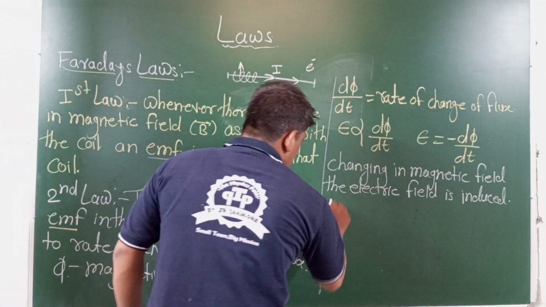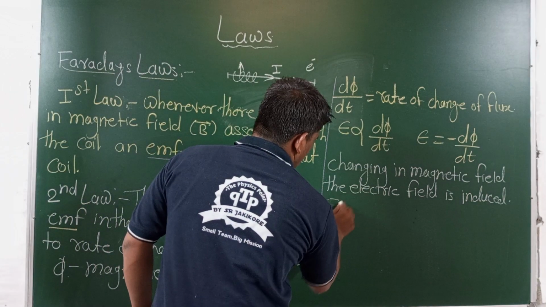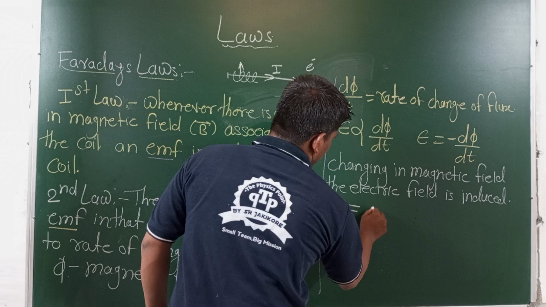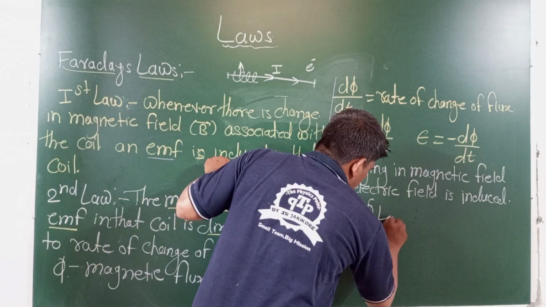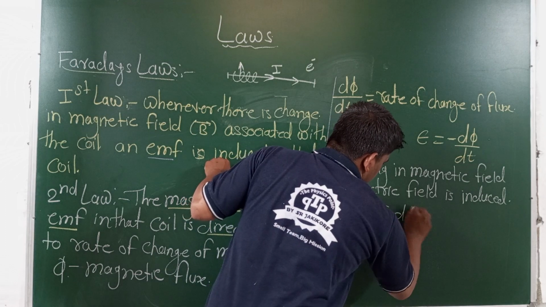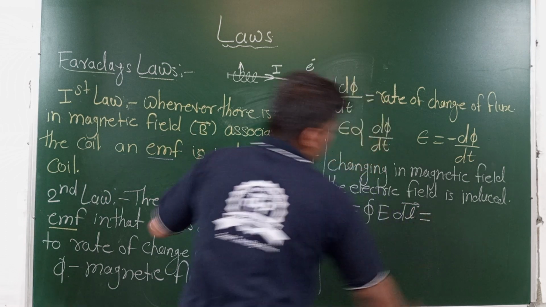The electric field is E, and epsilon is equal to the closed integral around the coil of E dot dl bar. Why?